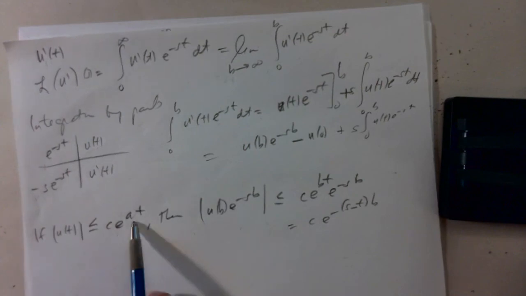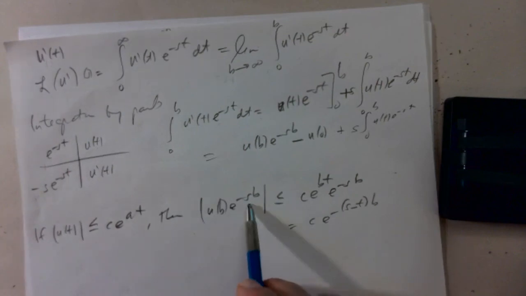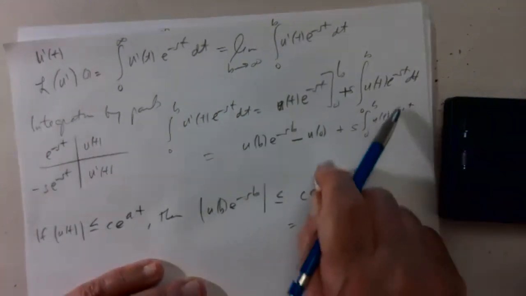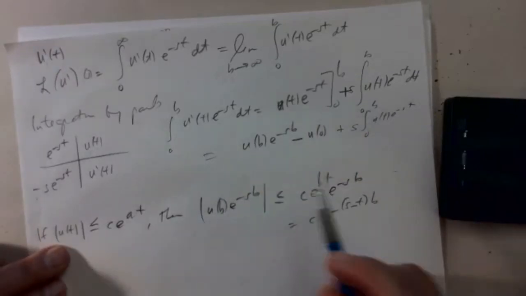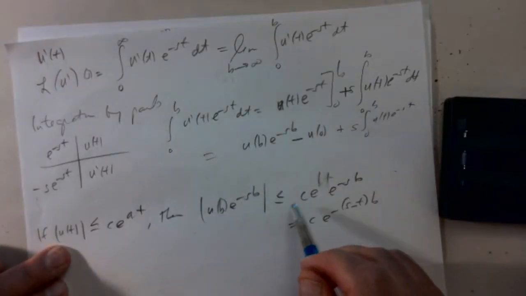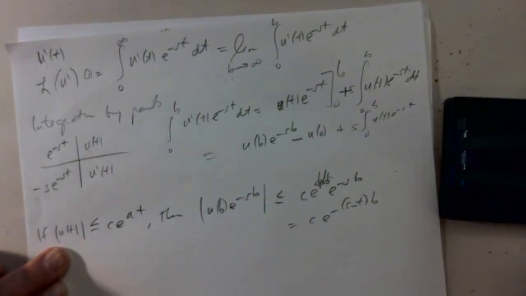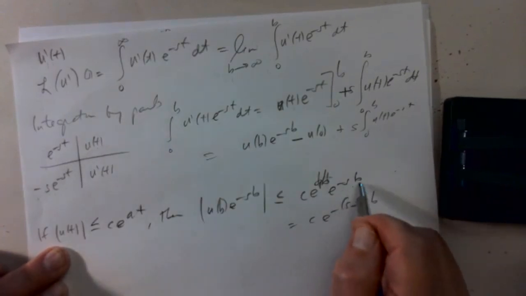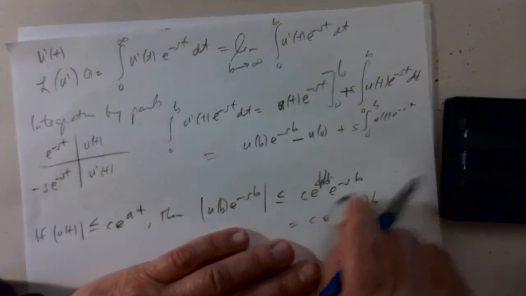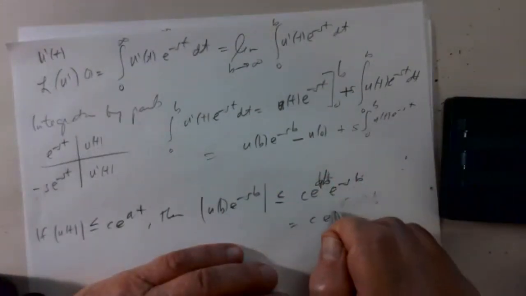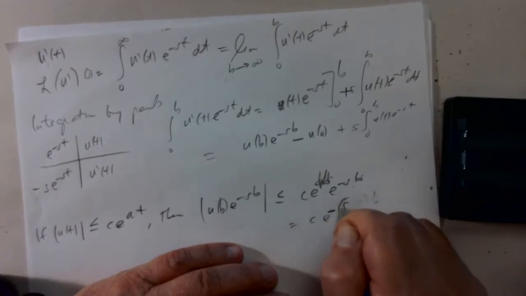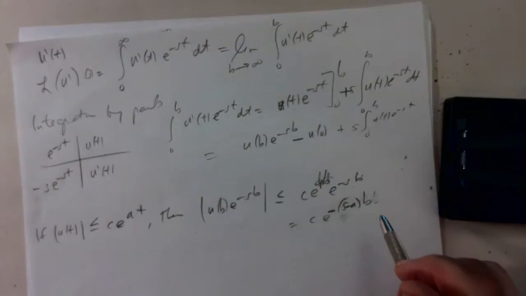u of t is less than c e to the at. So u of b e to the minus sb is less than or equal to, when t is equal to b, c e to the ab times e to the minus sb. So this is c e to the minus (s minus a) times b.